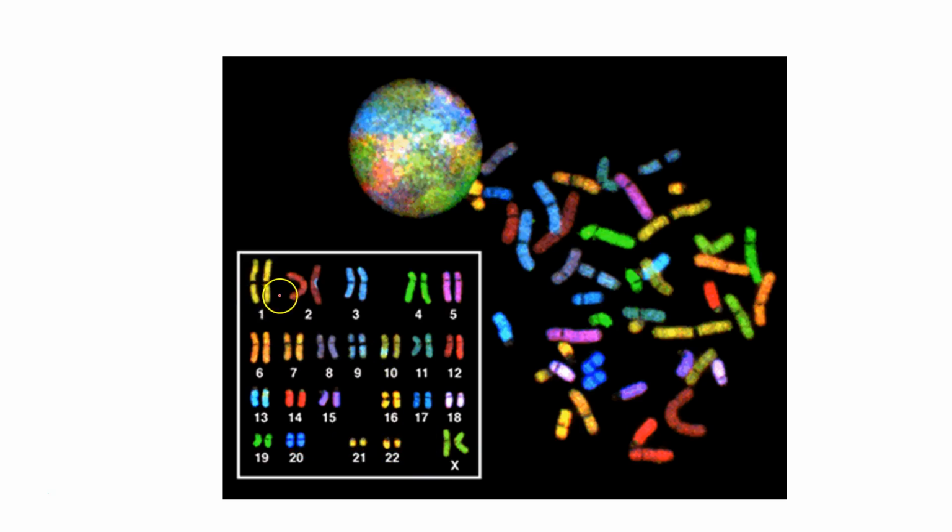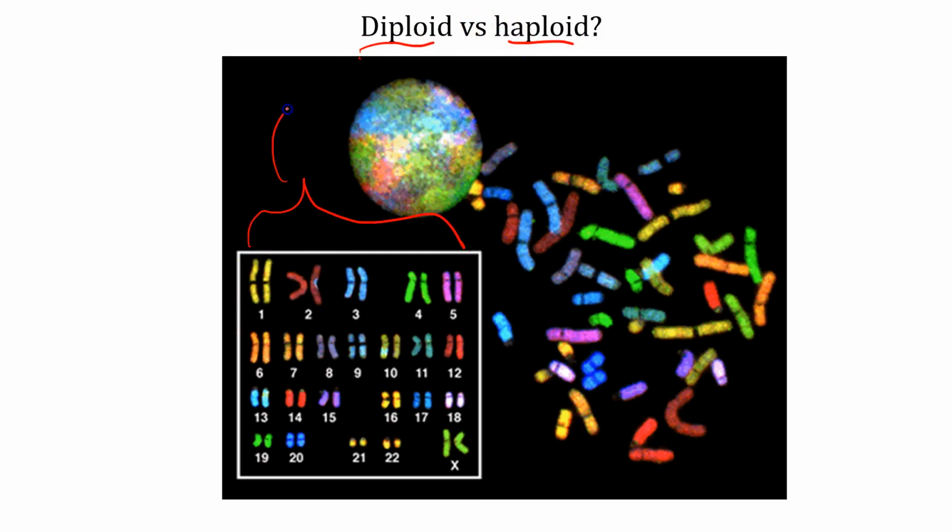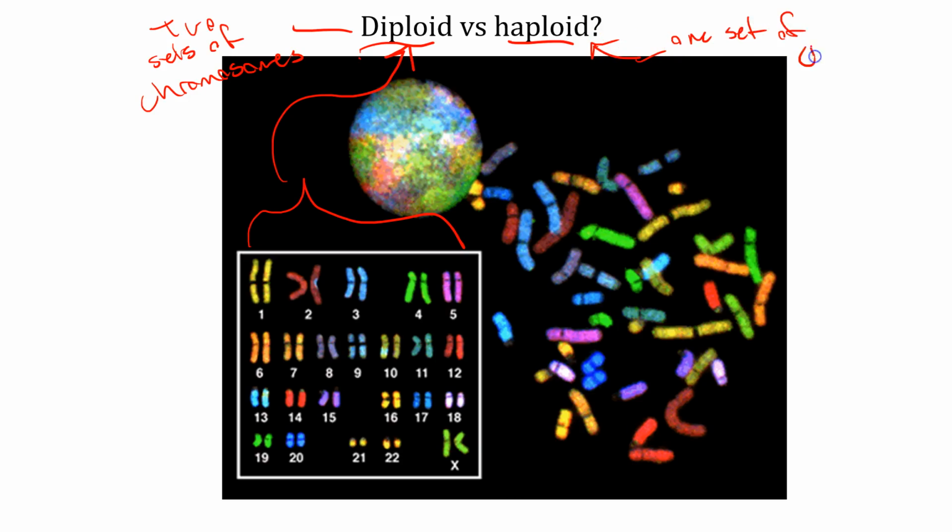Now, this gets us to an interesting difference between something that's diploid and something that's haploid. In this example here, this is actually showing something that's diploid. Diploid means that there are 2 sets of chromosomes. Haploid means there's only 1 set of chromosomes.